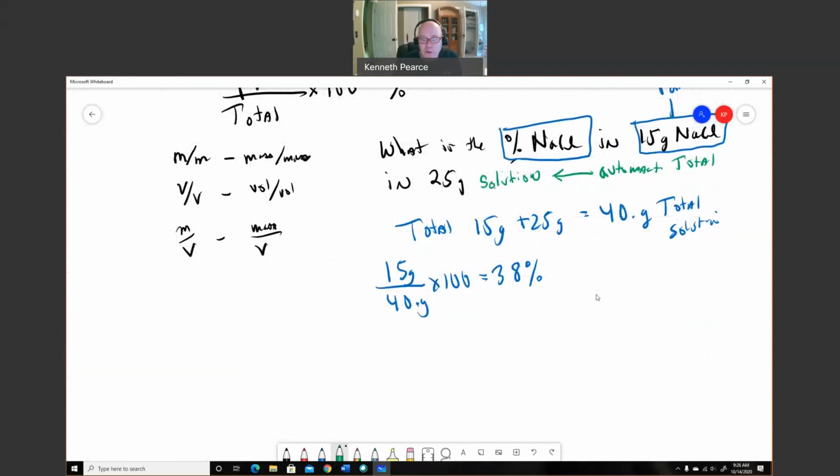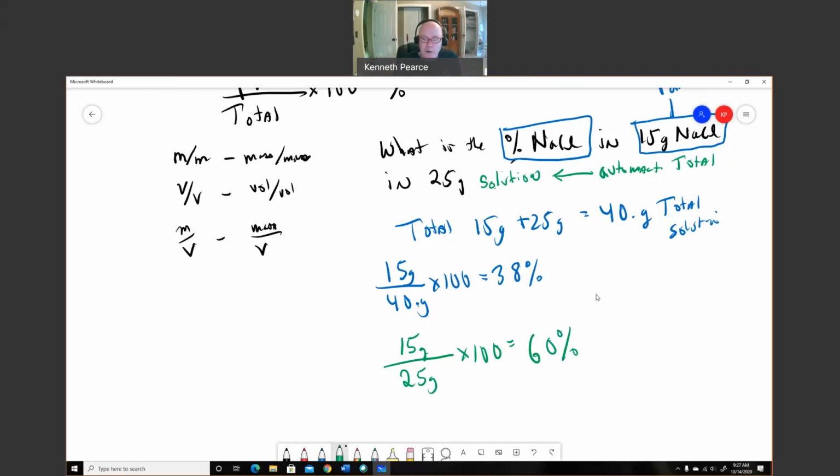We're going to say 15 grams, because the part is still the part, but now we have 25 grams of solution, and that's automatically the total. And so now that's times 100. We changed just one word. We changed that one word from 25 grams of water to 25 grams of solution, the salt water solution. And so we say 15 divided by 25 times 100, and we get 60%.